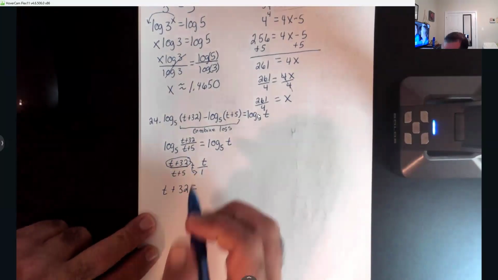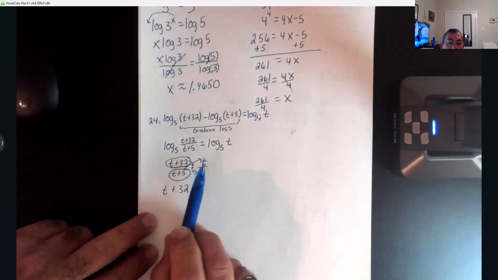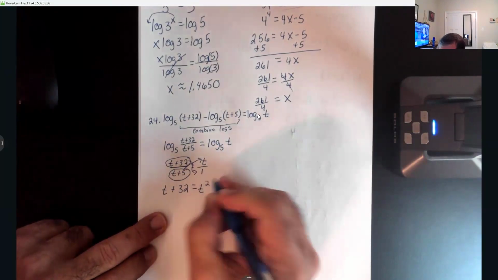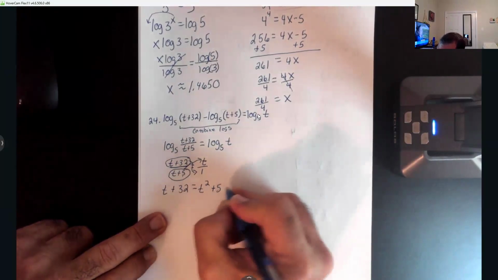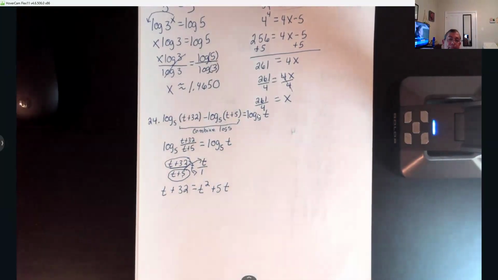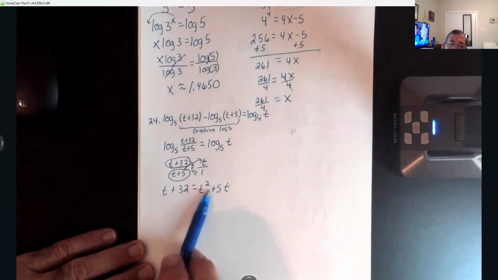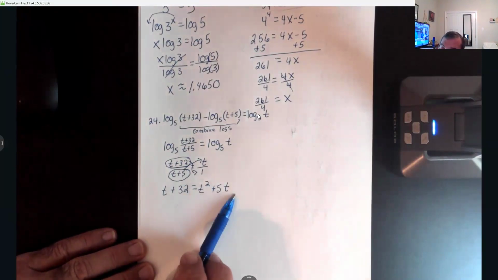That's going to equal the other side when I take the bottom times the top. So t times t is t squared, plus t times 5 is 5t. So if you notice here, you got a t squared term in here. So that makes this quadratic.